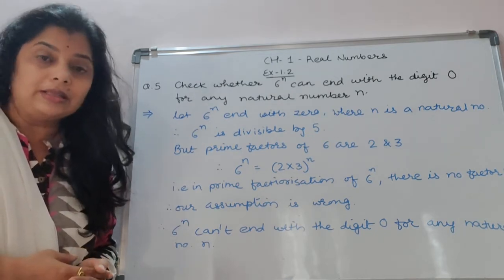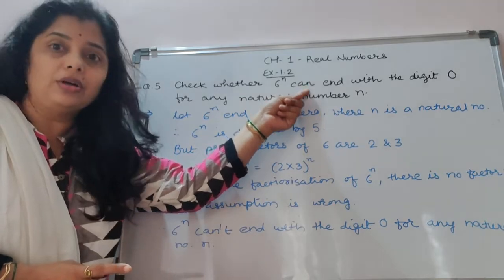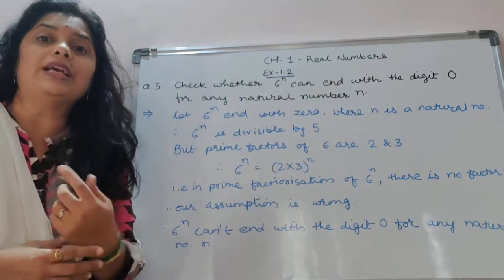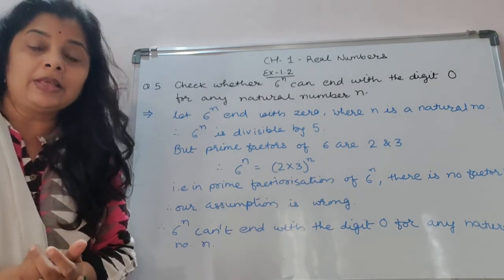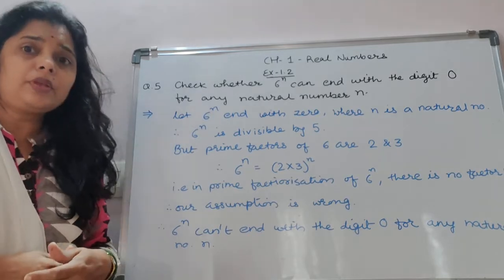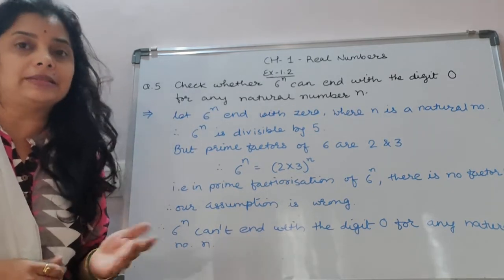We know that 6 raised to n cannot end with the digit 0. But how to explain it mathematically? Every time you face this type of question, you should take exactly the converse assumption.